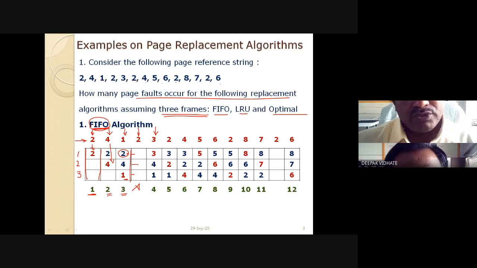If we compare these 3 numbers, 2, 4 and 1, then 2 is the first page that was brought into memory, so it is replaced first. So now we have 3, 4 and 1. This is page fault number 4, satisfied by page replacement. Instead of 2, you are putting 3 here with the help of this FIFO logic.